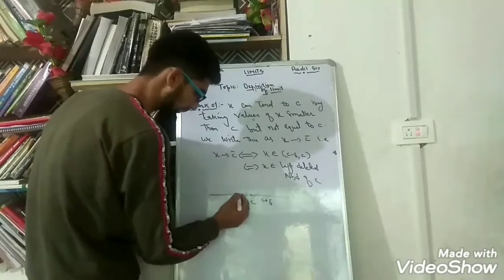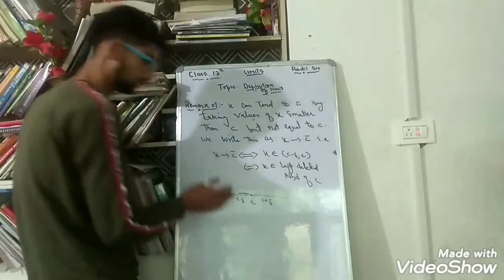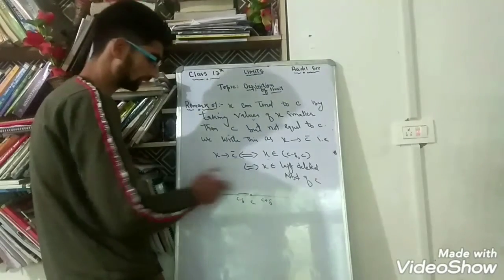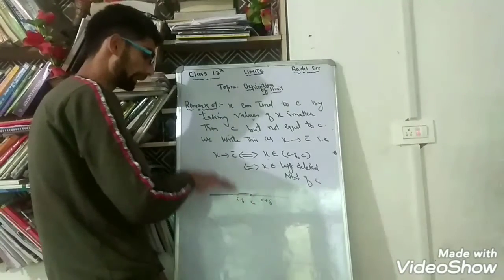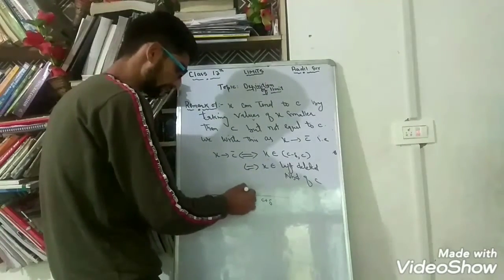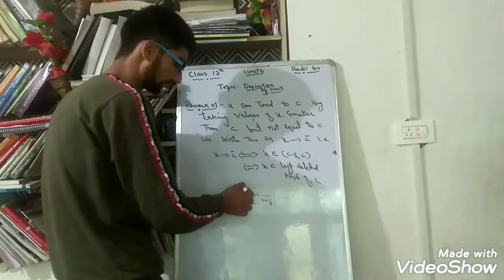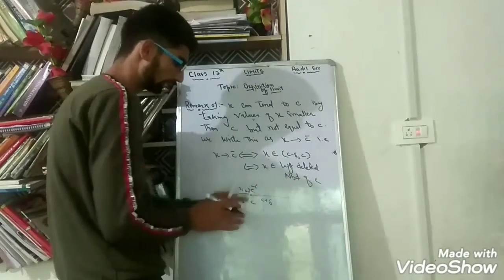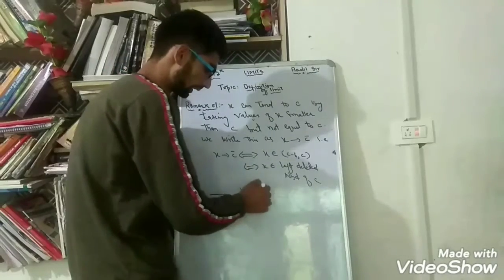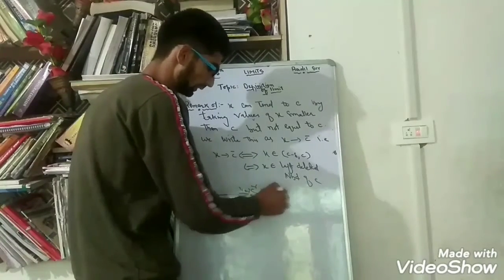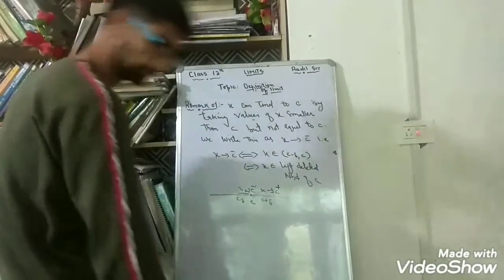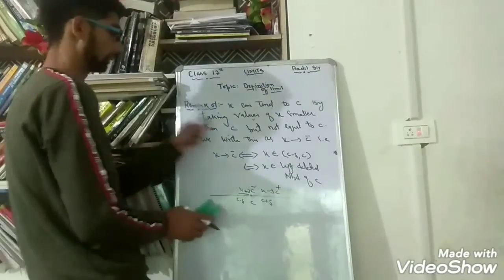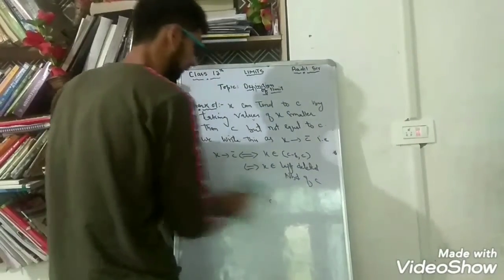All the points that are between the C and C minus delta are in the left of the C, but they are getting close to the C. We write here x tends to C negative. Similarly for the points that are between the C and C plus delta, we write x tends to C positive. This is the first remark. Now you write down second remark.